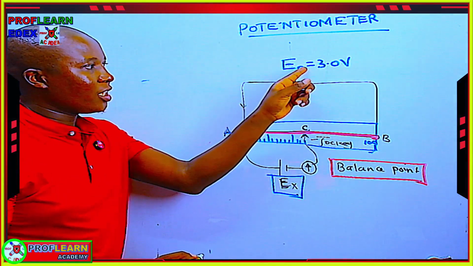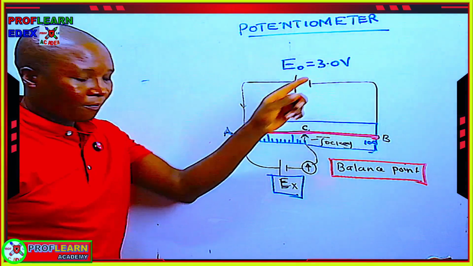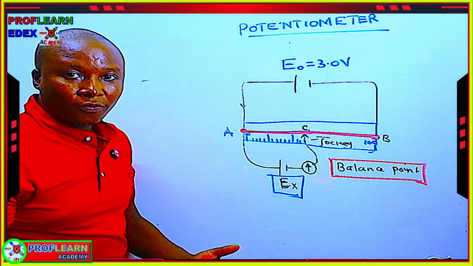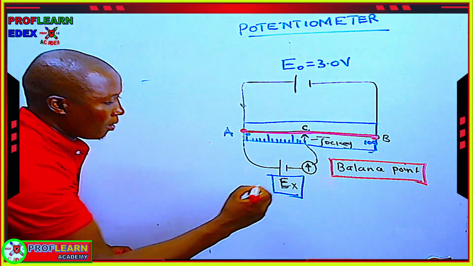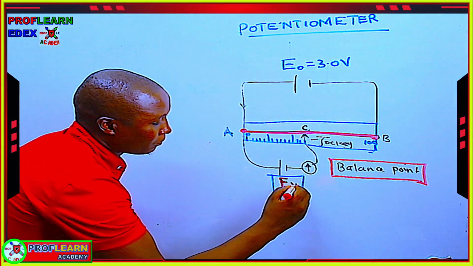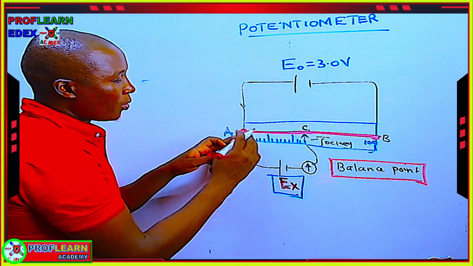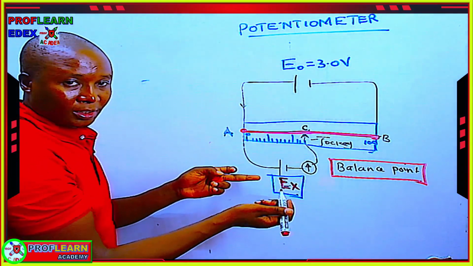Of course, E naught is the known EMF, but EX is the EMF that we are trying to find. With that balance point obtained, we know that from point A to point B we have a resistance wire.